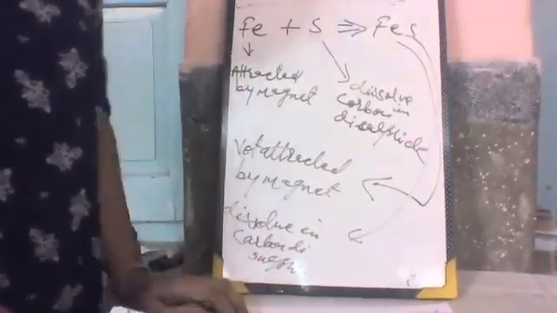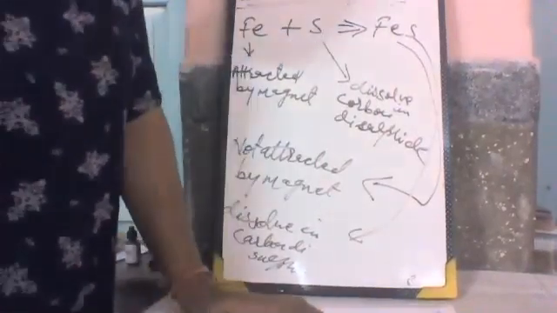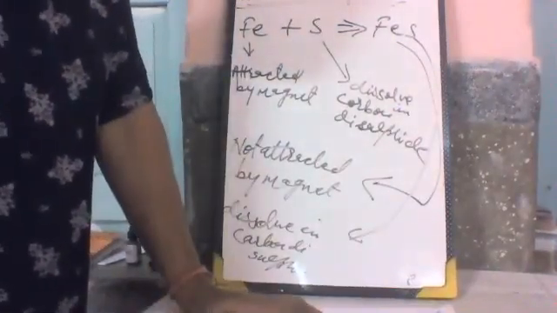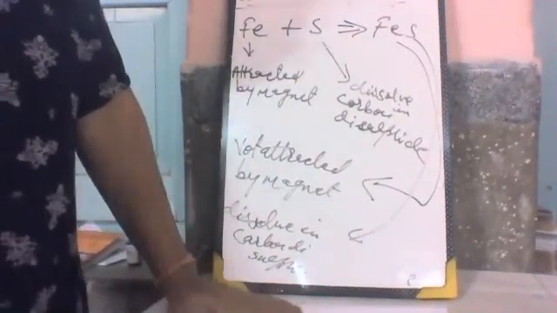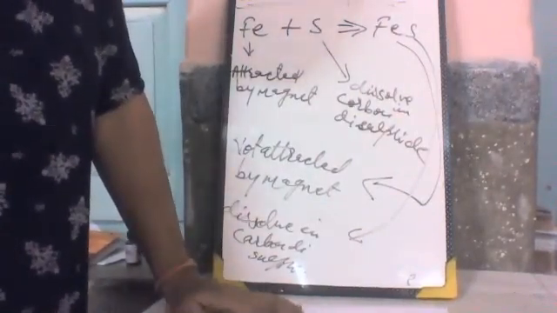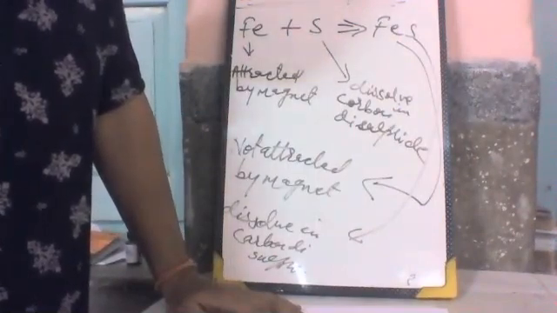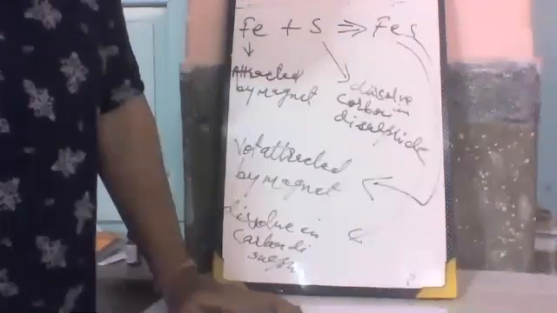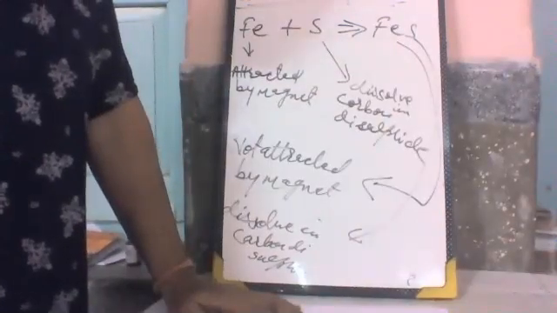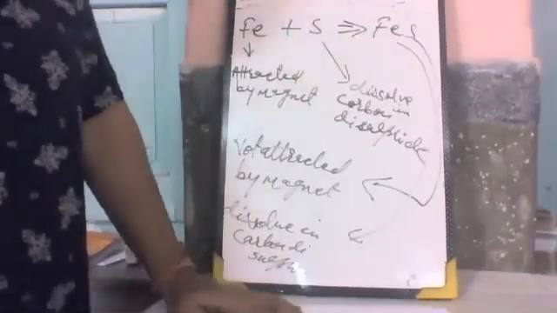So we can conclude that when two or more elements combine chemically in a fixed proportion by mass, having new properties which are entirely different from individual properties, the substance formed is known as a compound.